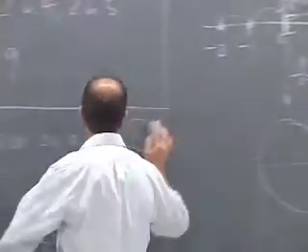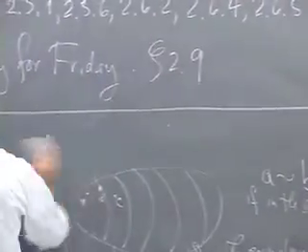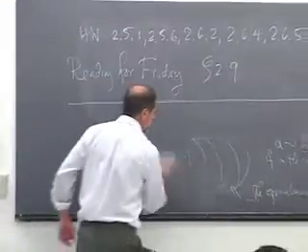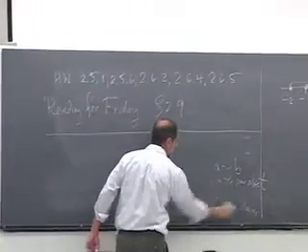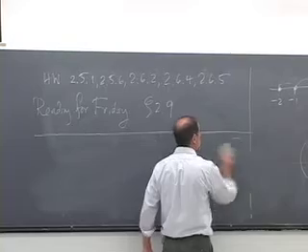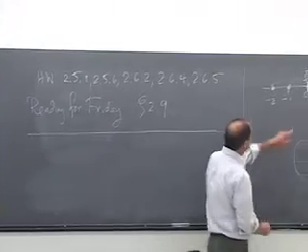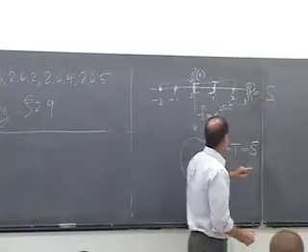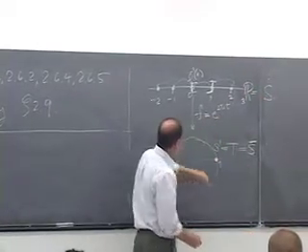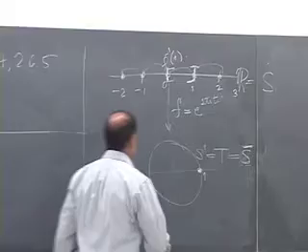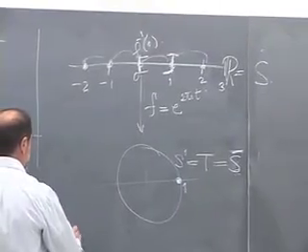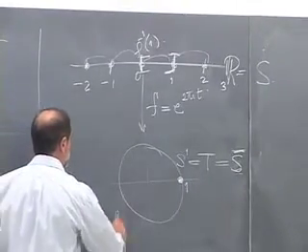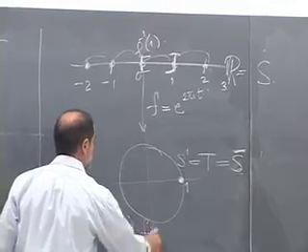Now, maps of sets are fairly complicated, but we're going to apply this to maps of groups, where the situation is much nicer. By the way, this is a map of groups. This is a homomorphism of groups. Here we have the additive group of real numbers, and here we have the multiplicative group of numbers on the circle. And it happens to be the fact that f of a plus b is f of a times f of b.